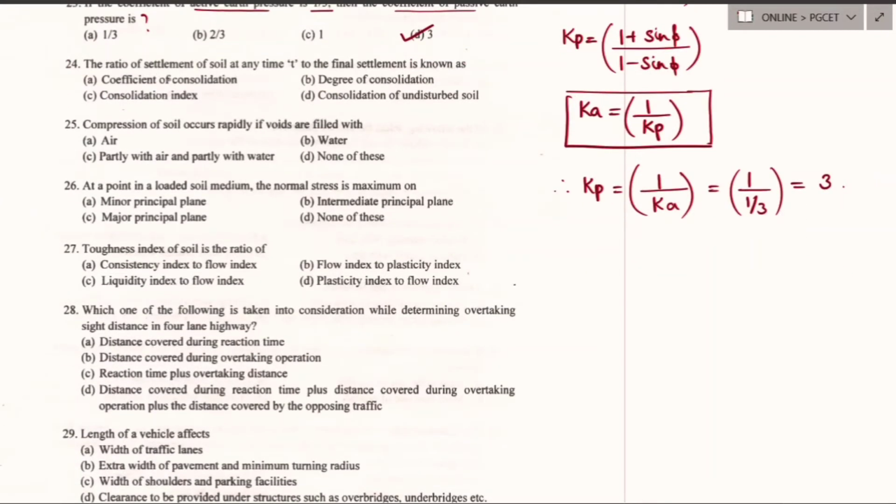Question number 24. The ratio of settlement of soil at any time t to the final settlement is known as consolidation of undisturbed soil. Option D is the right answer.